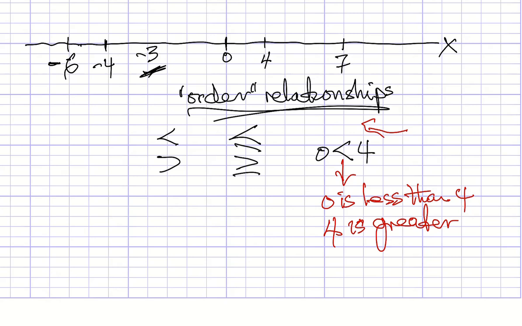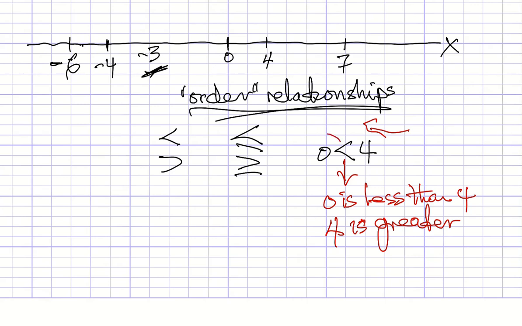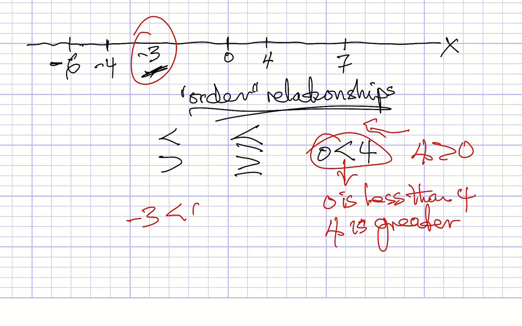So sometimes they switch it around. You can write this as 4 greater than 0. Make sure you understand that it doesn't matter how you switch it around. So that's what is going on there. And then look at here. Minus 3 is less than 0.